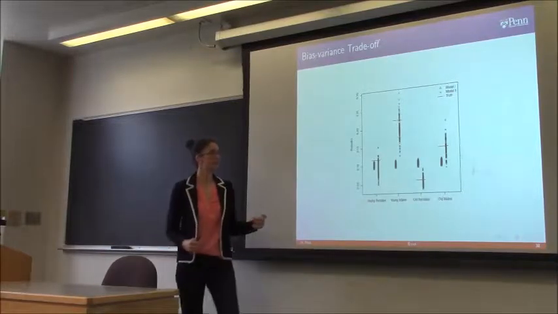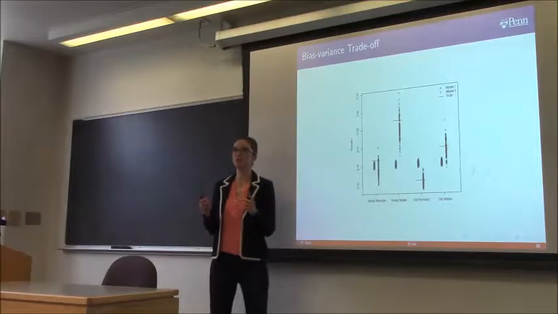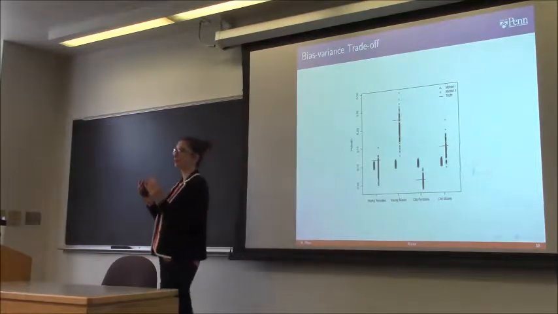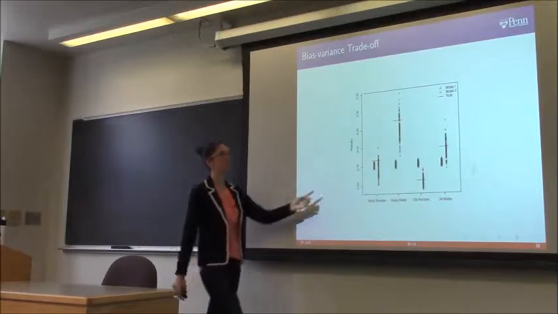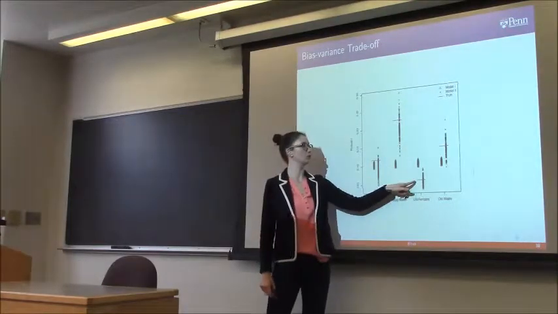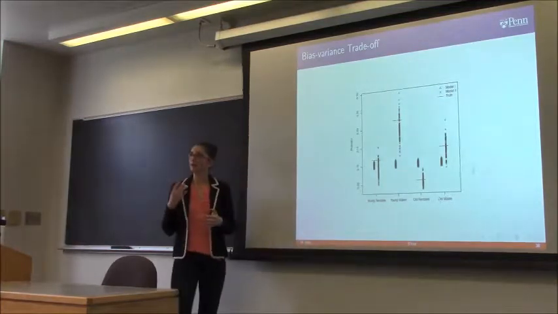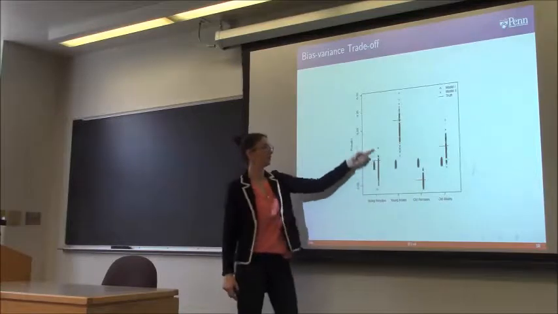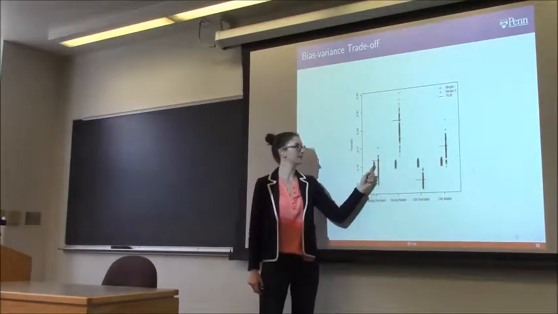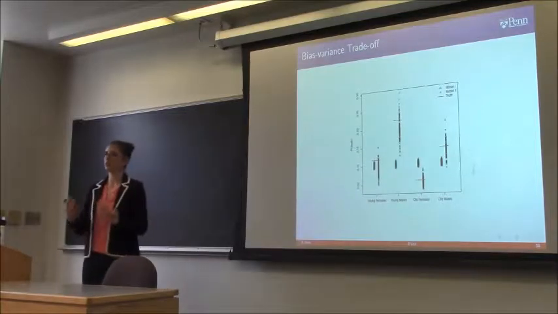So what you can see is that the naive model produces very precise measurements, but they're not very accurate because they're not often capturing the truth, which are represented by the red bars. Whereas the spatial model has slightly more variability. You can see that in the range of the X values, but it's capturing the truth every single time. So that gets at the idea of the bias-variance trade-off.